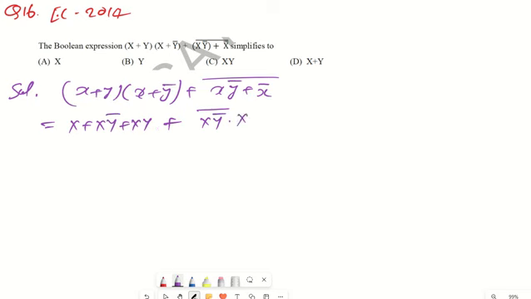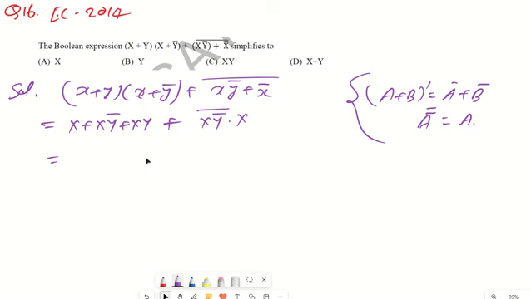So this is by De Morgan's theorem. You know already that (a + b)' is nothing but a' b', and also a'' is going to be a. So these two formulas we have utilized. Now let us see, can I take x common from all? All the four terms are having x.